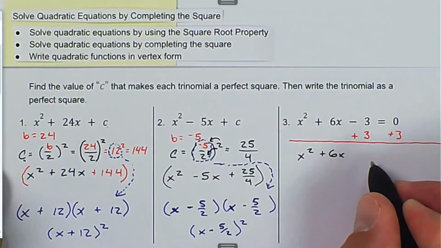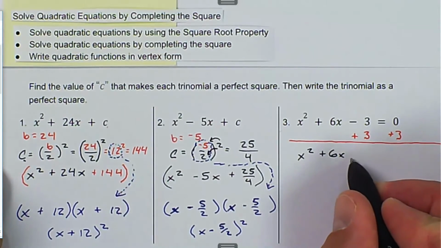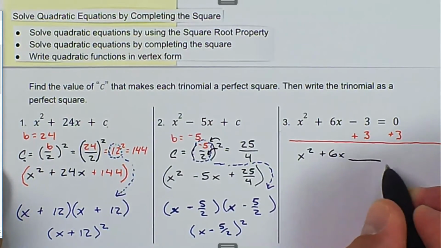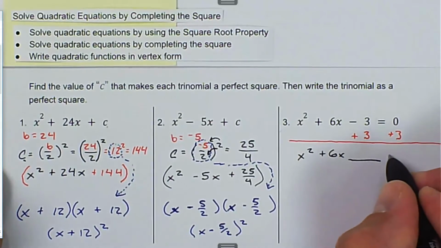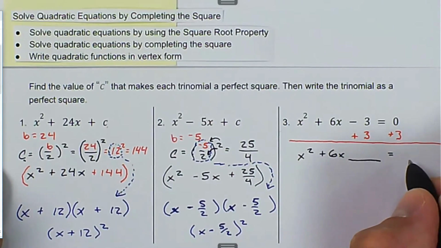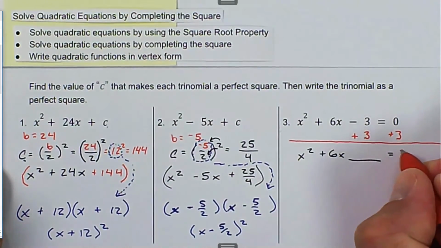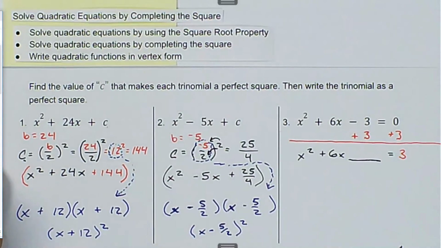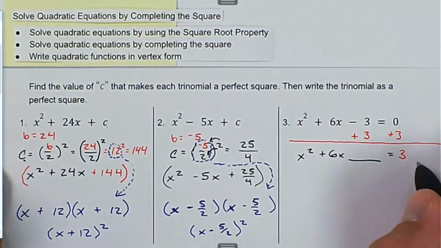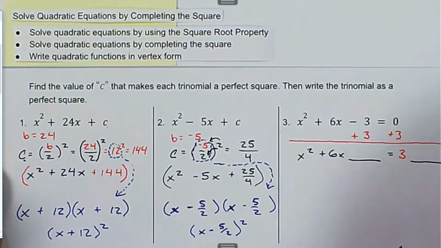We need to find what our c value is going to be, so I'm going to leave a space there because we'll need to calculate it eventually. And that's going to be equal to the positive 3 that we put over here. And then, to keep our equation balanced, we're going to have to add that later, and we'll talk about that in a minute.